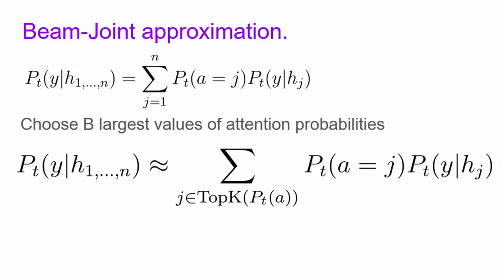which we call beam joint approximation, where instead of marginalizing over all the n possible attention variables, we choose the b largest attention probabilities, and then approximate this joint distribution by just summing up over the b most likely variables.